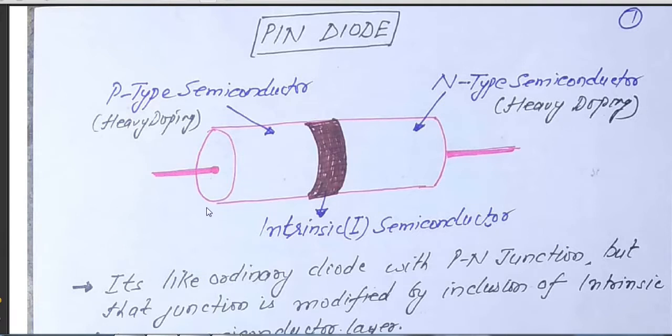The PIN diode operates under high level injection, as we can also say that the intrinsic or I region is flooded with charge carriers from the P and N regions. The PIN diode will conduct current once the flooded electrons and holes reach an equilibrium point where the number of holes is equal to the number of electrons in this particular intrinsic region.